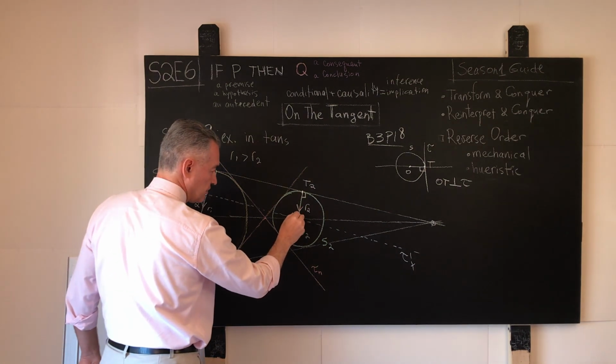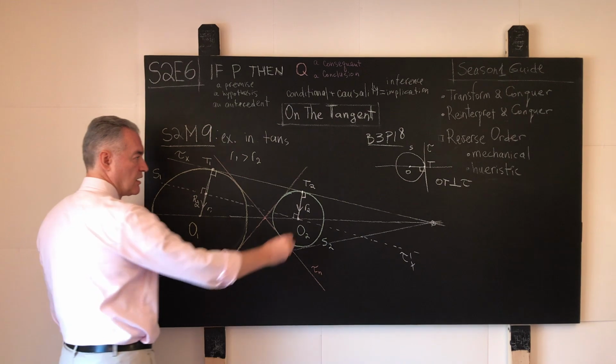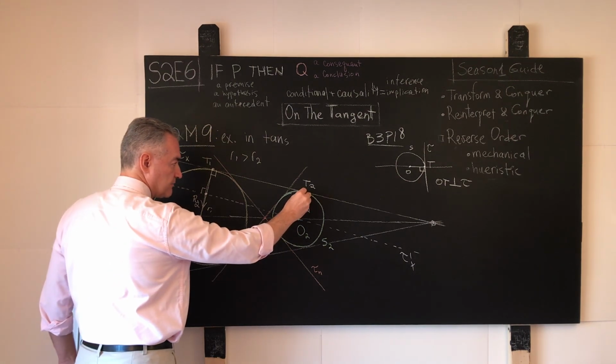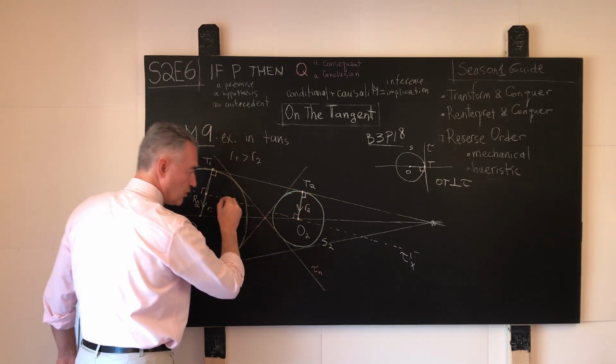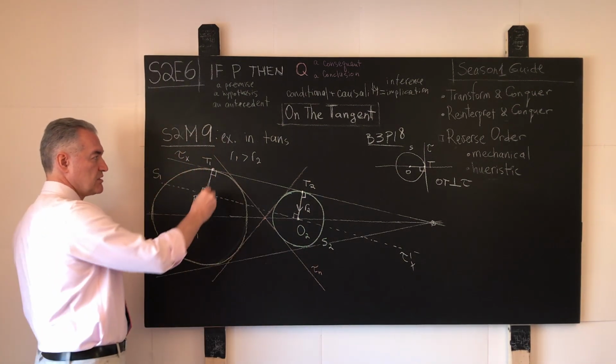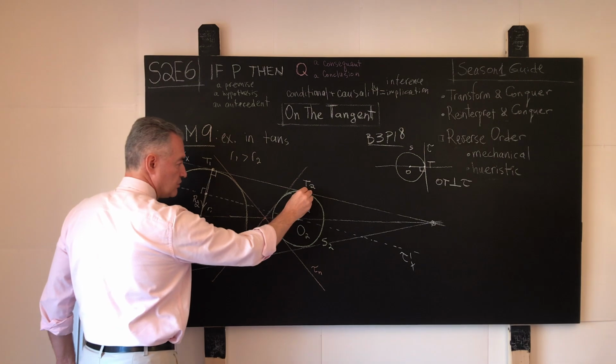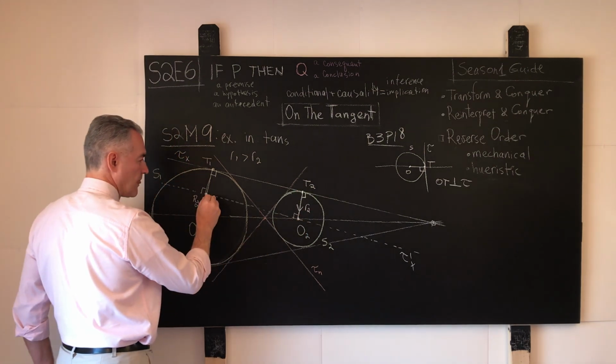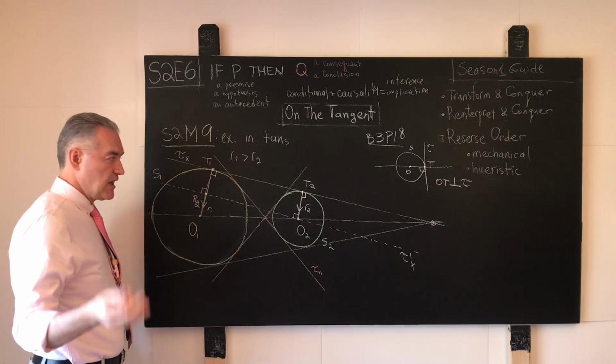Likewise over here, this angle between the straight line T2O2 and the straight line tau prime x will be right. Consequently, the shape T1, T2, O2, R2 will be a rectangle.